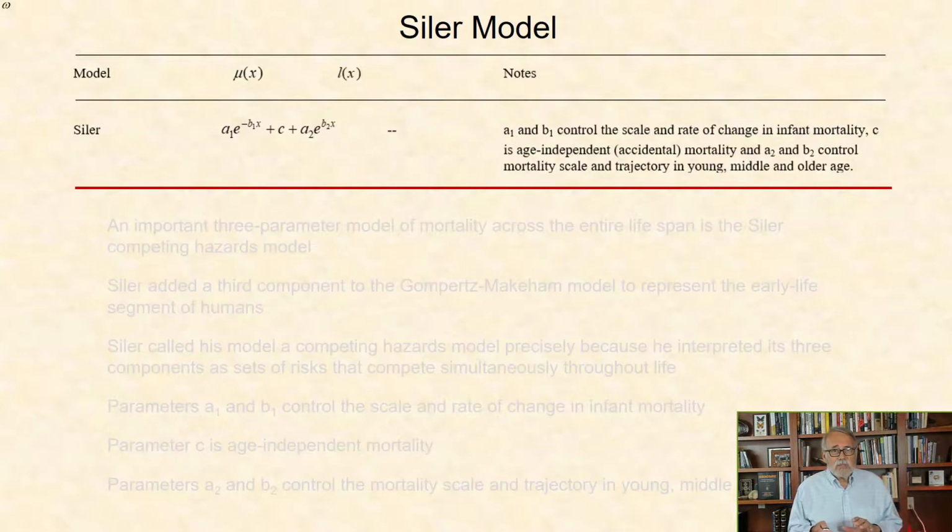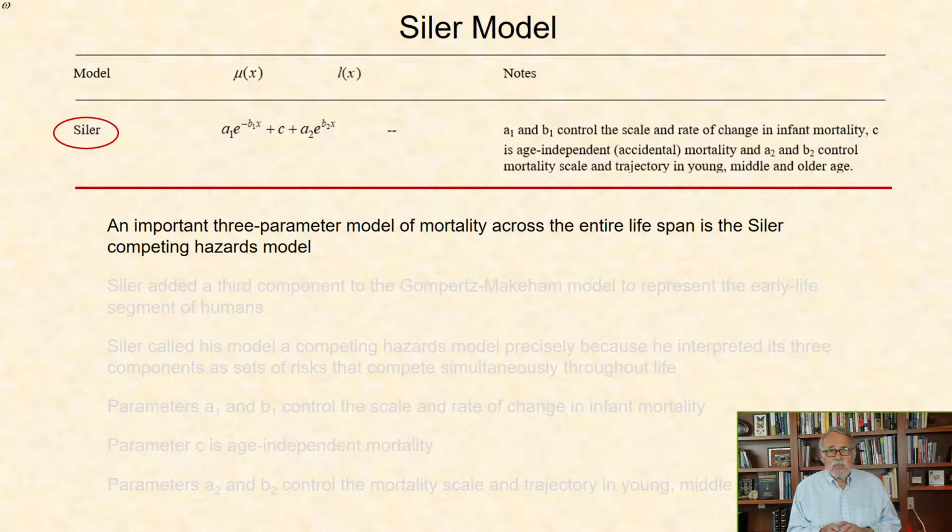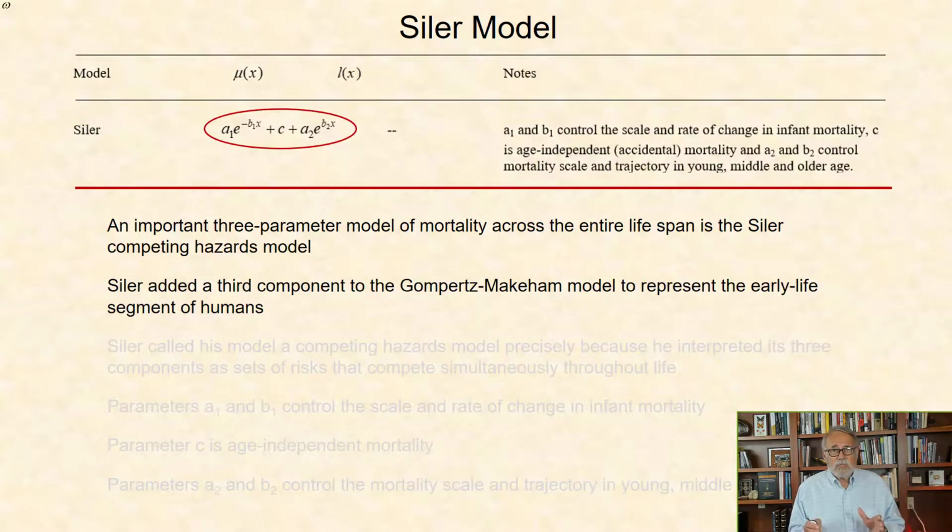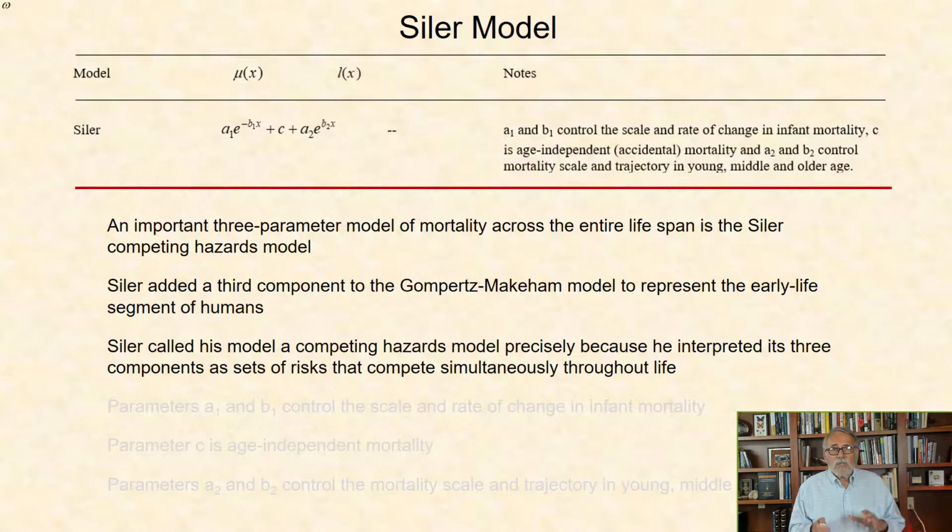The last model I consider is the three-parameter model of mortality introduced by Siler as a competing hazards model. Siler added a third component to the Gompertz-Makeham model to represent the early life segment of humans. Siler called his model a competing hazards model precisely because he interpreted its three components as sets of risks that compete simultaneously throughout life.